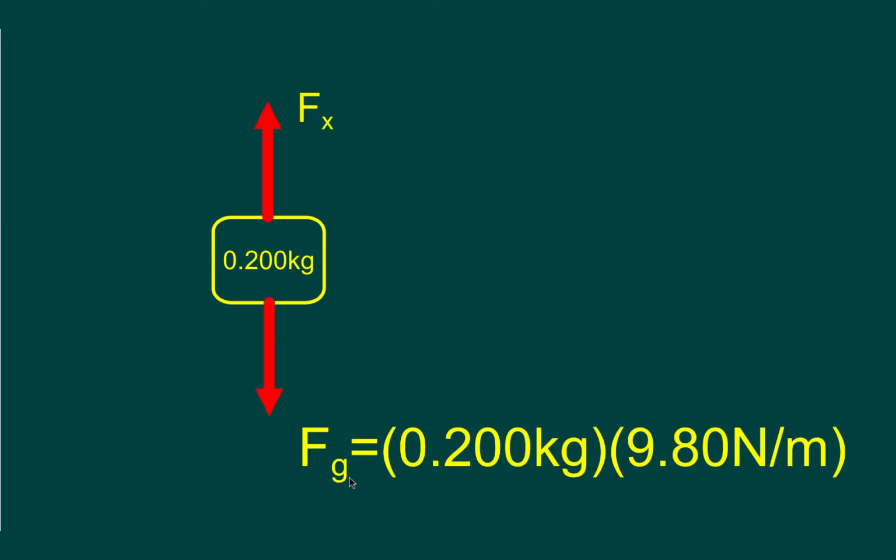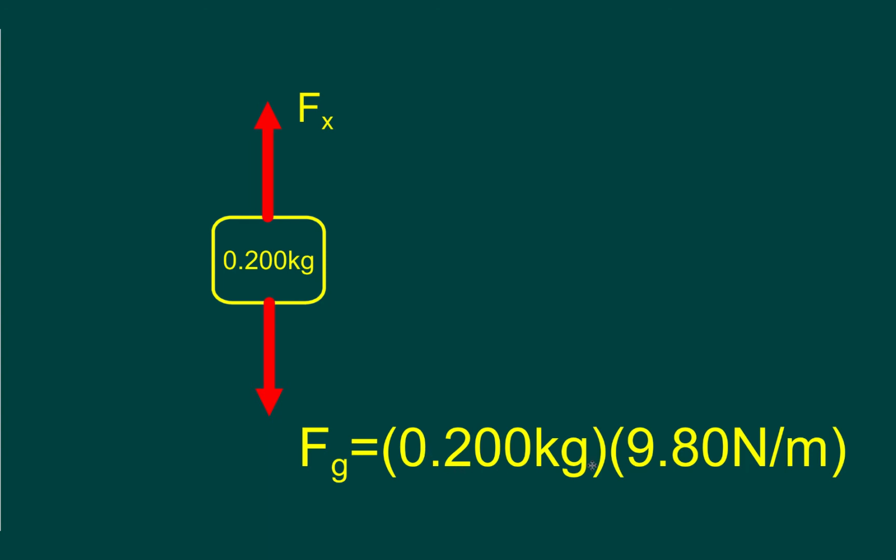We have gravity pulling down, 200 gram mass times the force of gravity, 9.8 newtons per kilogram. If this is in equilibrium, which it was because it was stationary, that means we'll have to look at the force of gravity being equal to the spring force, which is Fx pointed upwards.